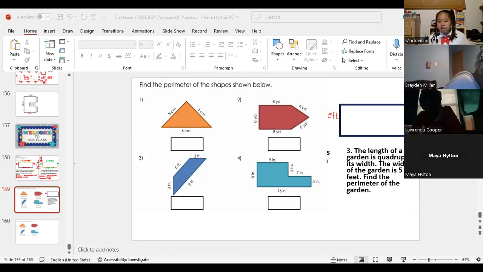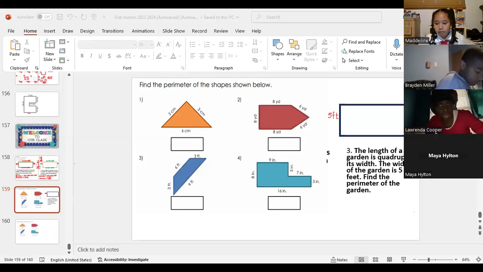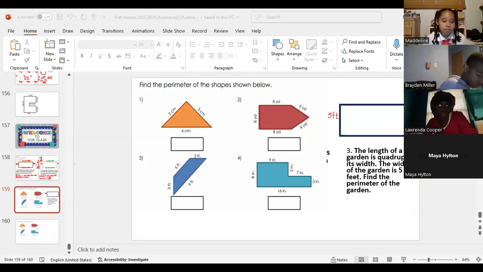Madeline, how about you? What number you on? Well, actually, I'm finished with number 4. I'm going on to the next one now. Madeline, what number you on? I'm on number 5. Okay.